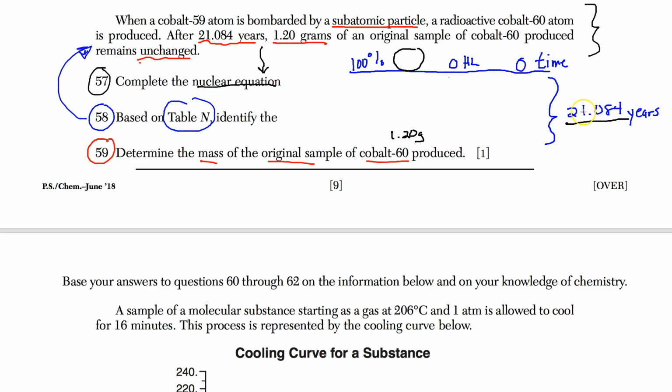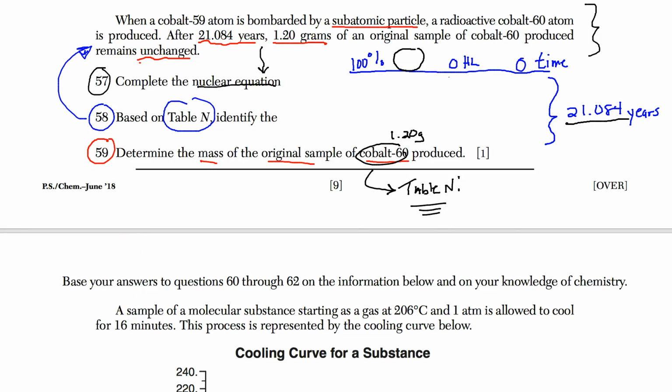They don't tell us this, so we've got to go somewhere that tells us for cobalt-60. So we're going to go to Table N. Table N not only gives us decay modes, it gives us the half-life time, the amount of time it takes for half of the sample. And these are always about multiple halvings.